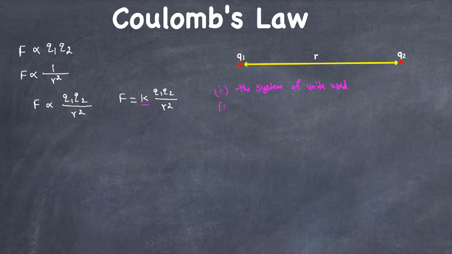The second thing it depends on is the nature of the medium, the medium in which these charges are placed. It can be space, can be water, can be anything.